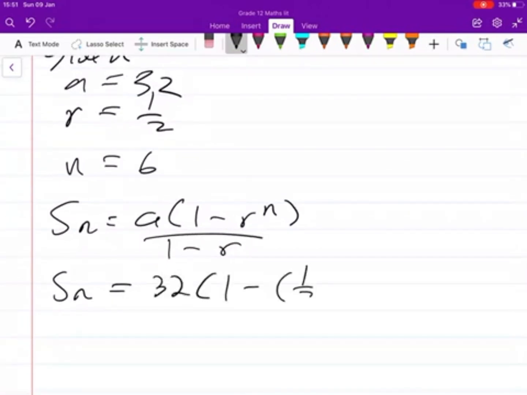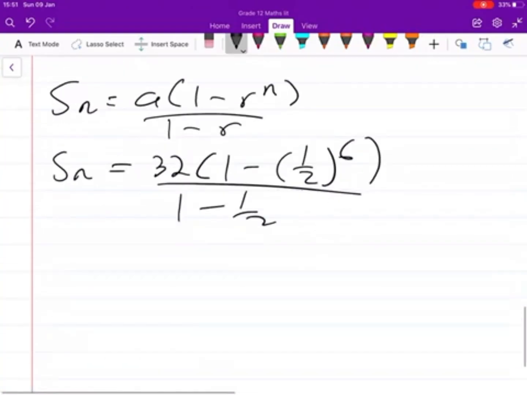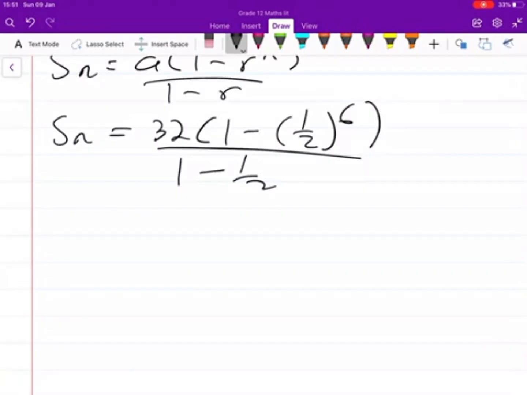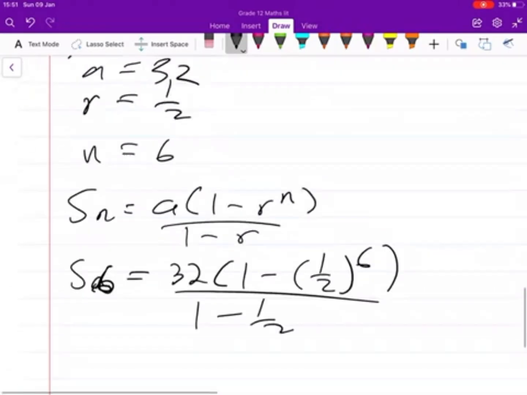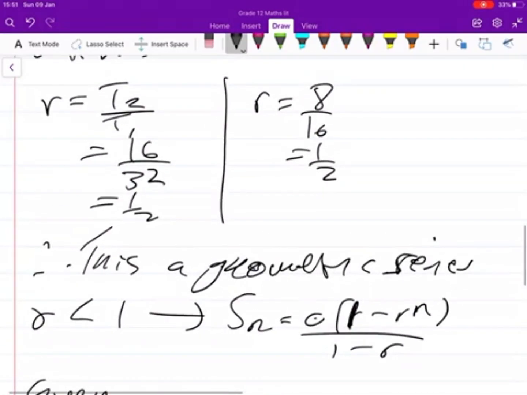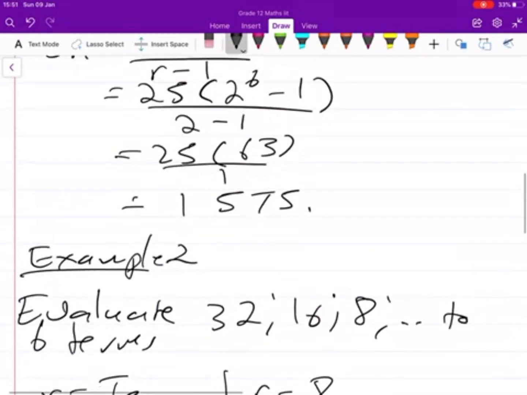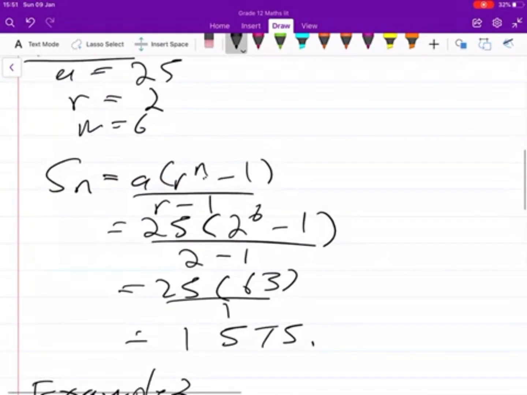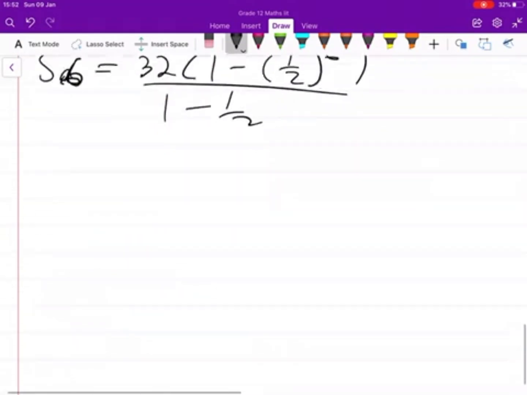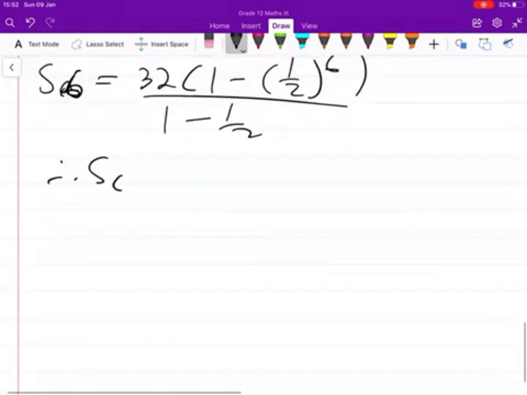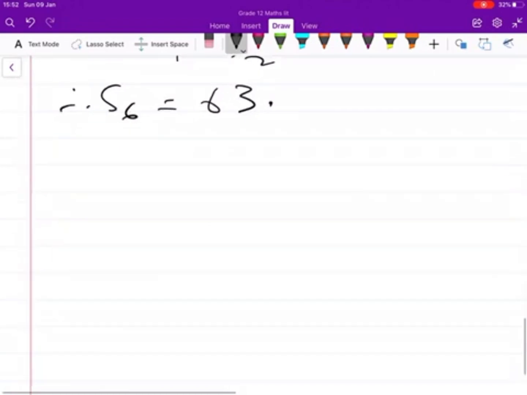That is 1 minus (1 over 2) to the exponent 6, over 1 minus 1 over 2. Okay, simplification, and this is S6. Okay, I hope I remember to write that in the previous examples. Yes, this is S6. Good. This is S6 equals 63. Okay, simplify that, please.